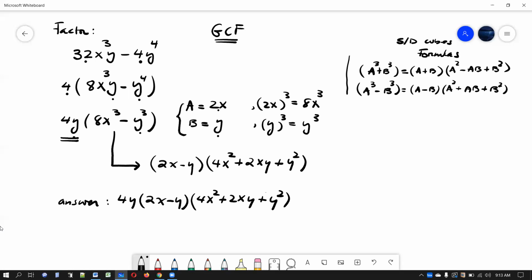Okay, so in this case, it was a difference of cubes, but before it turned into a difference of cubes, right here, you had to do GCF. Okay, so always be on the lookout for these problems that require multiple steps, because the question is not going to say exactly what technique, but it's going to just say either factor or factor completely.